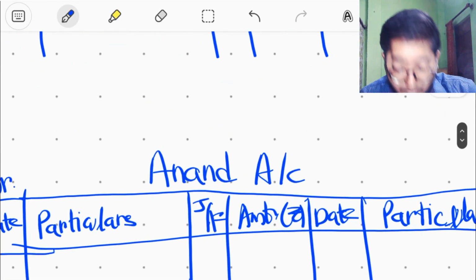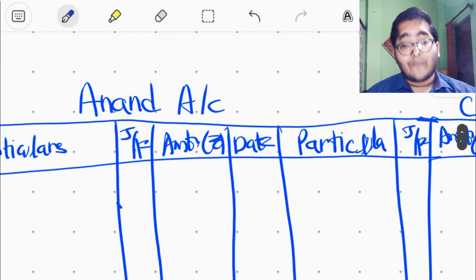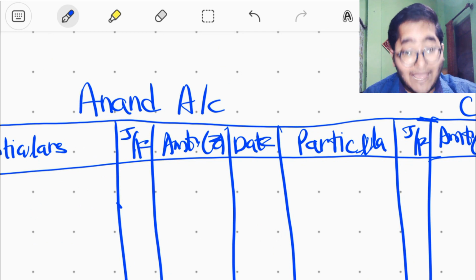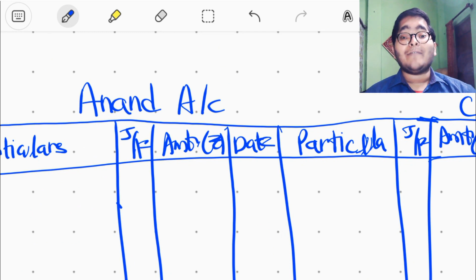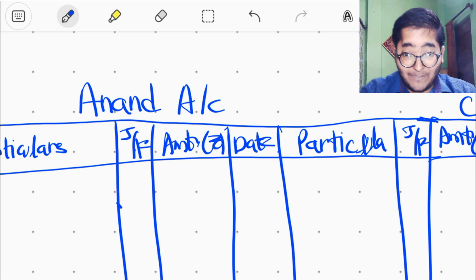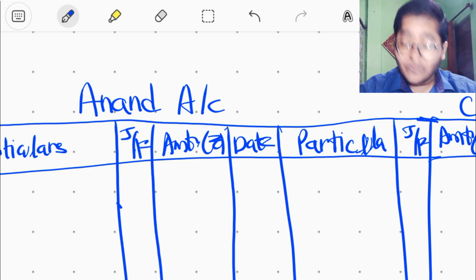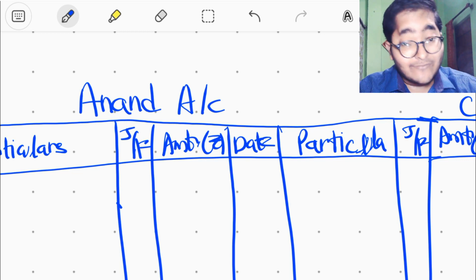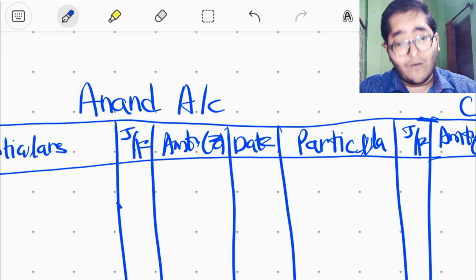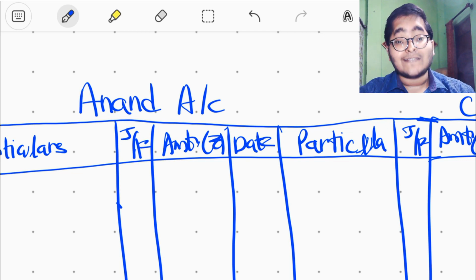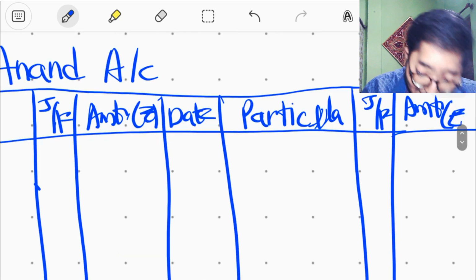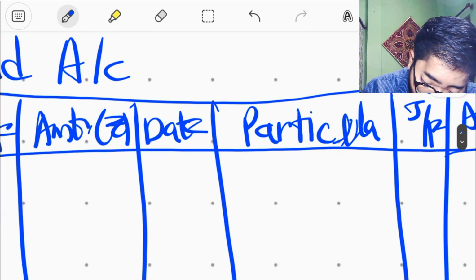Anand is a trade payable. He is a liability. That is why, and capital is also a liability. And that is why we all know that trade payable, a liability or an obligation, is a credit balance. And that is why Anand will have a credit balance.